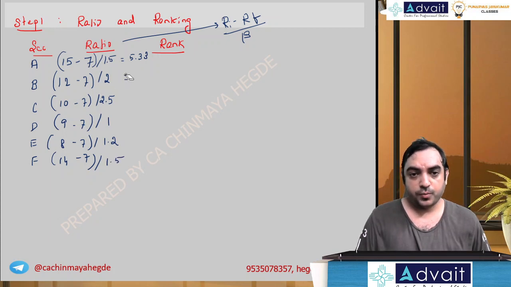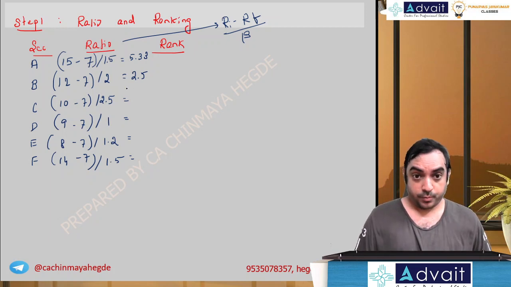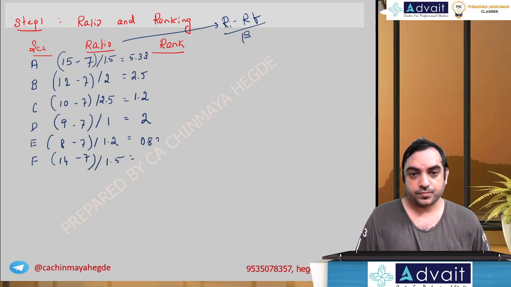So that will give me the numbers: 12 minus 7 by 2, 2.5, 10 minus 7 divided by 2.5, 1.2, 9 minus 7 divided by 1 is 2, 8 minus 7 divided by 1.2, 0.83, 14 minus 7 divided by 1.5, 4.666, 4.67.